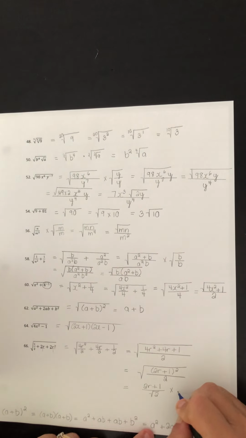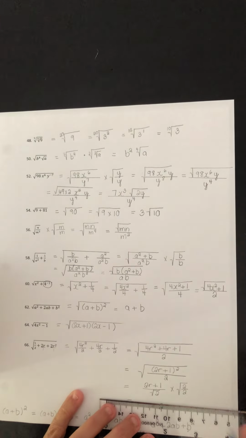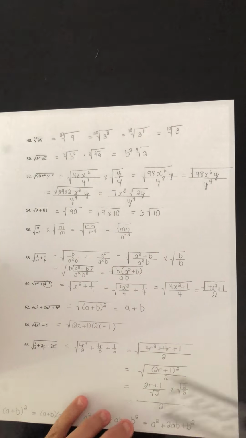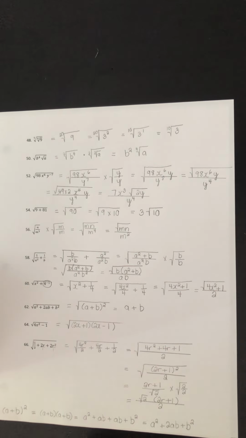We multiply both top and bottom by the square root of 2. This means that our denominator will now be 2. And in the numerator, we will have the square root of 2 multiplied by 2r plus 1. Just like that. And now we're finally finished.